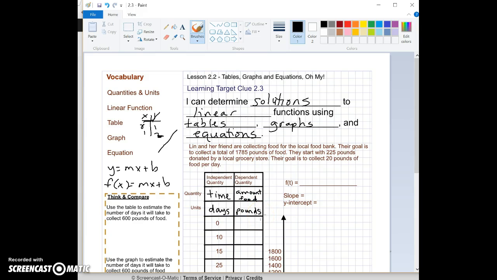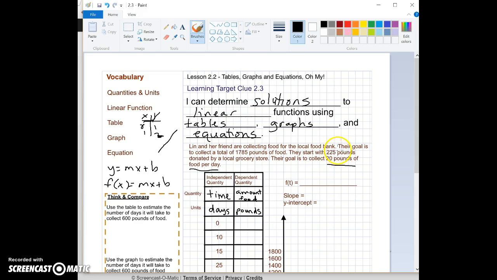So now let's think a little bit about what's happening. On day 0, how many pounds of food do I have? When I'm just starting to try to collect, I know that I want to collect 20 pounds of food every day. But when I'm just starting, how much do I already have? On day 0, how much do I already have?